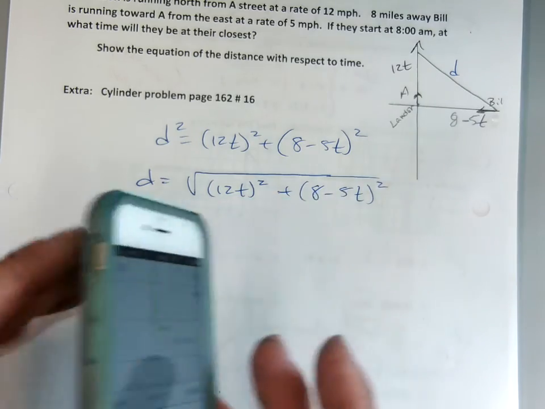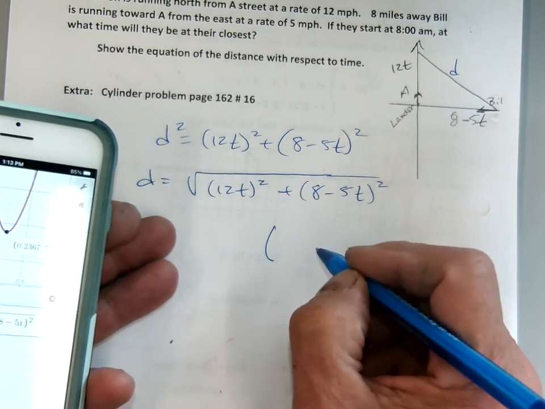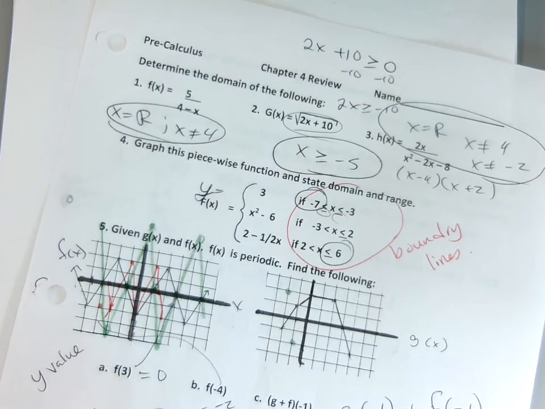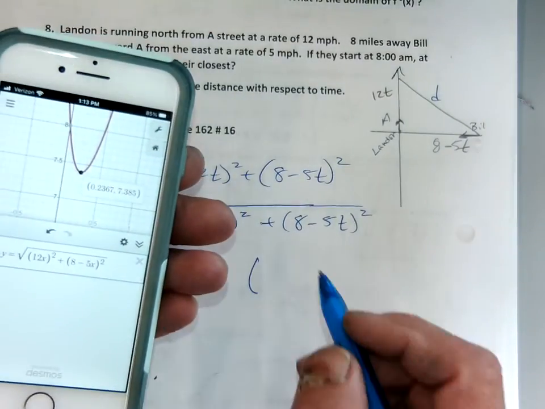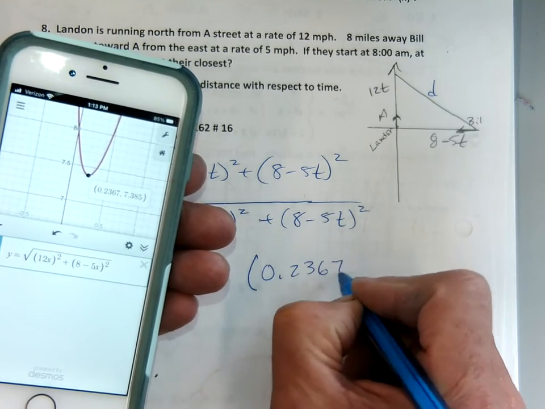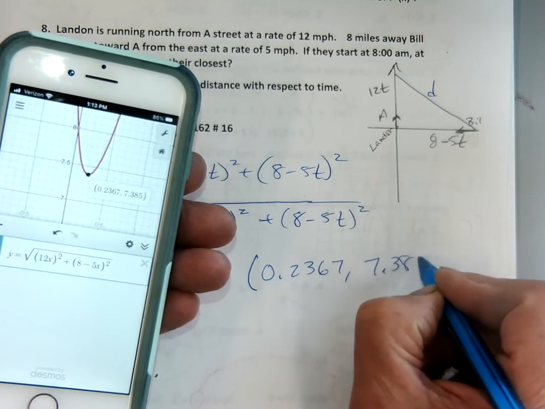Are we going to graph on these for the test? I don't see how you can't. I mean, yeah, you're going to need to use your phone. Yay. Thanks, Mr. Davies.